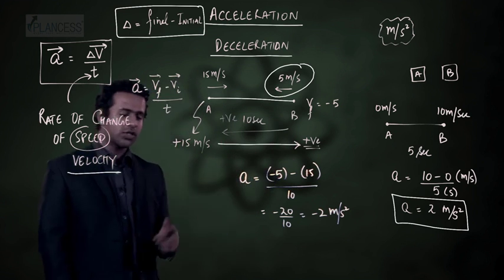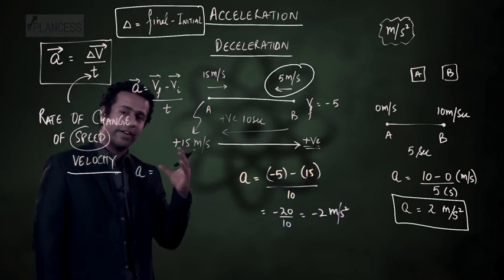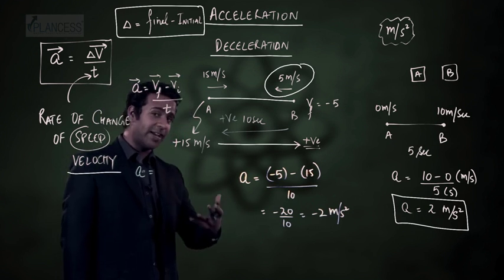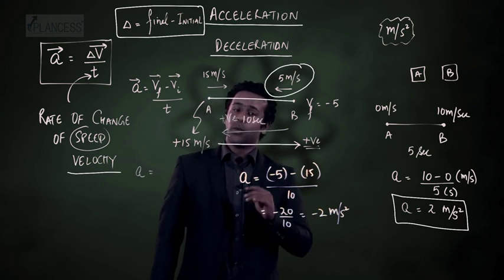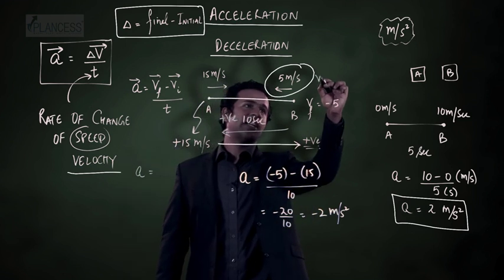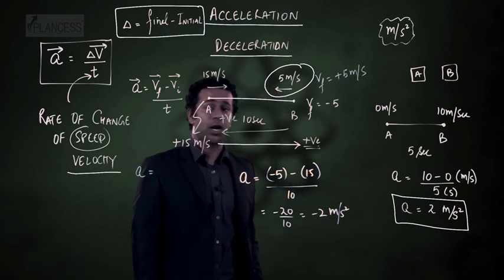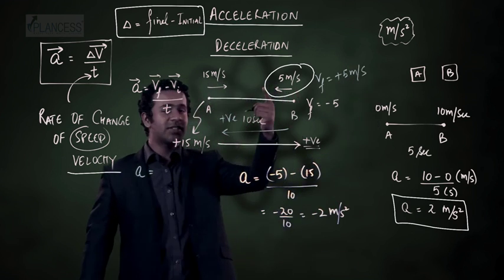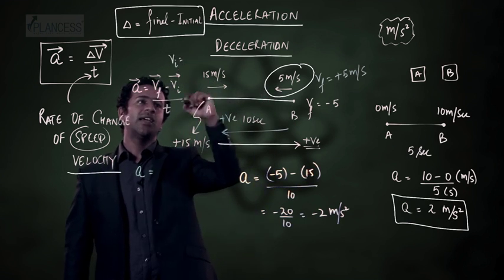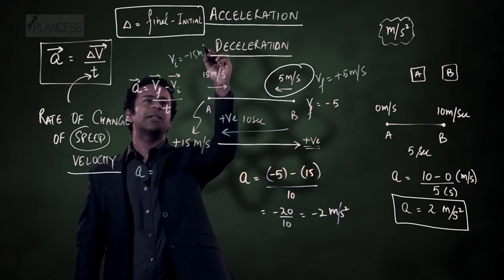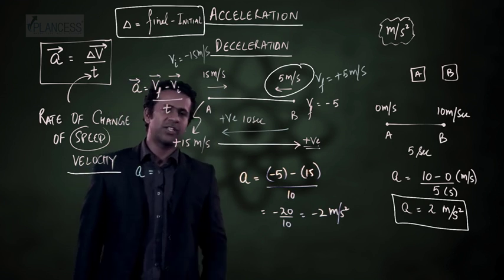If this was the case, then acceleration, which is final minus initial divided by time, let's see if it changes. If this direction is positive, we can say that the final velocity is plus 5 meter per second. According to our new sign convention, this direction is positive, which means that the initial velocity is minus 15 meter per second, since it points in the direction opposite to the one we've taken as positive.